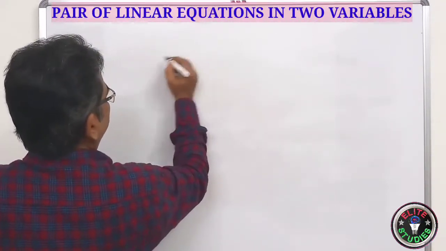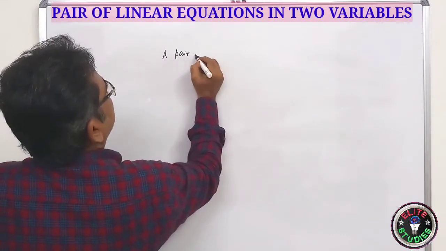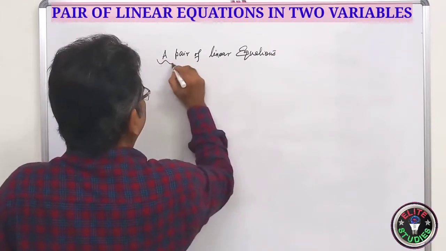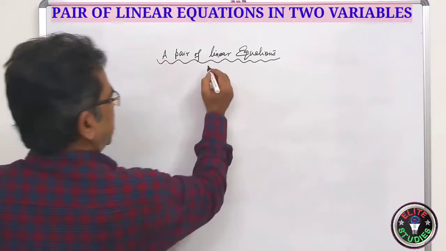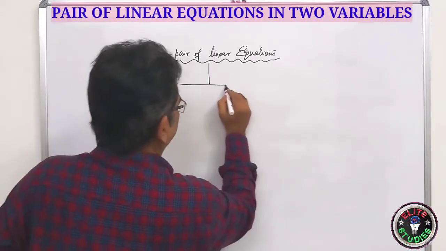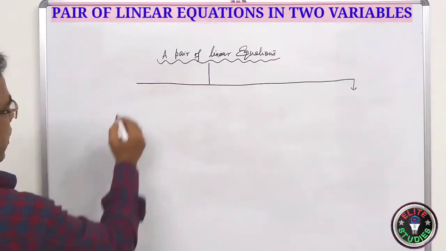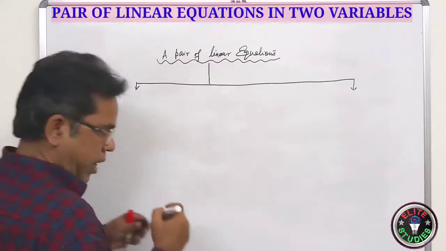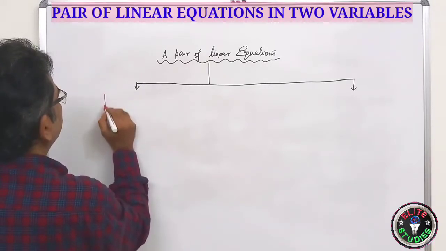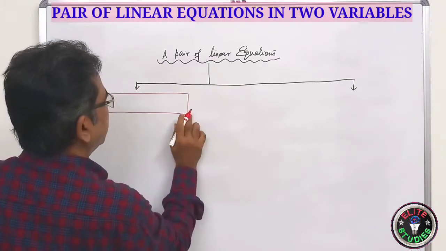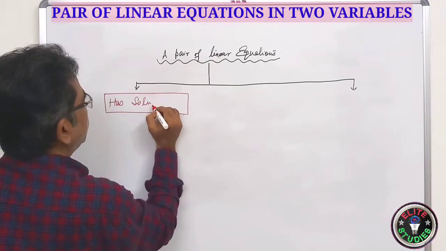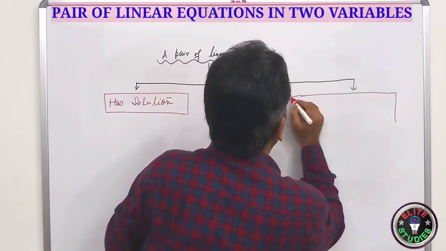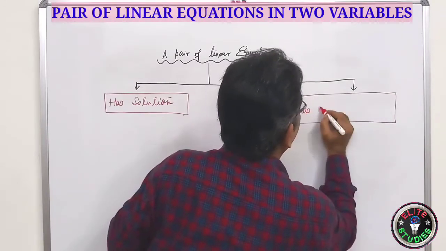Now you see, first of all, a pair of linear equations. If a pair of linear equations is given to you, either it has a solution, or it has no solution.